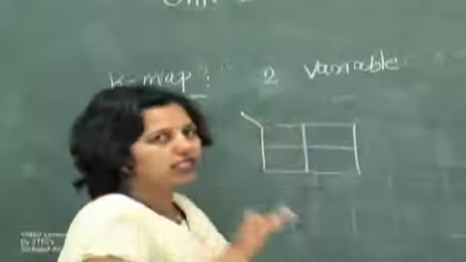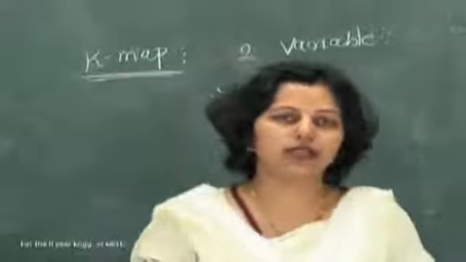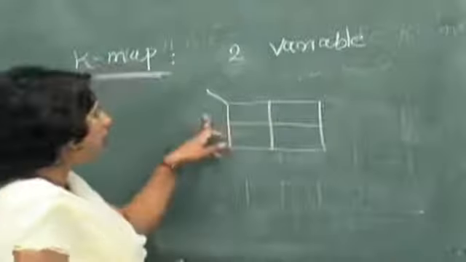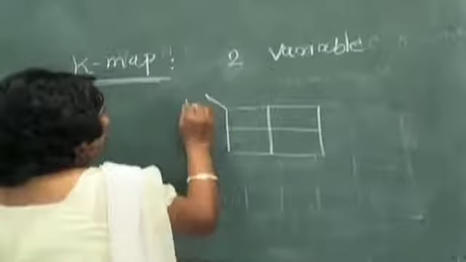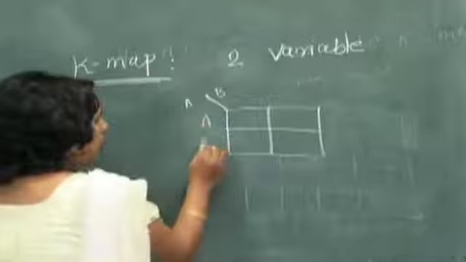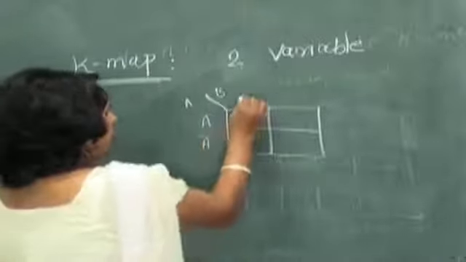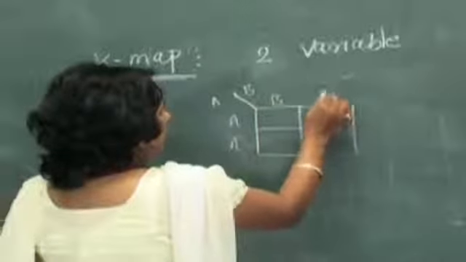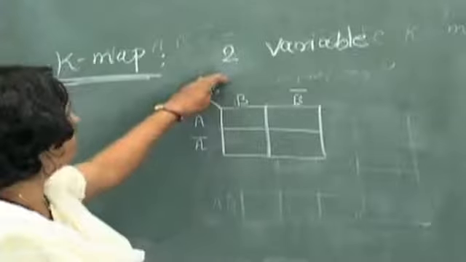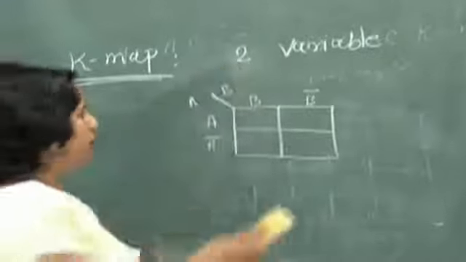We have already seen the relation between min term and max term. Max term is always the complement form of the min term, so that will definitely reflect in the K-map representation. So if it is A and B, the first term is going to be A, the next term will be A bar. Similarly it will become B and B bar. This is the difference between the standard SOP form of the K-map and the standard POS form of the K-map.